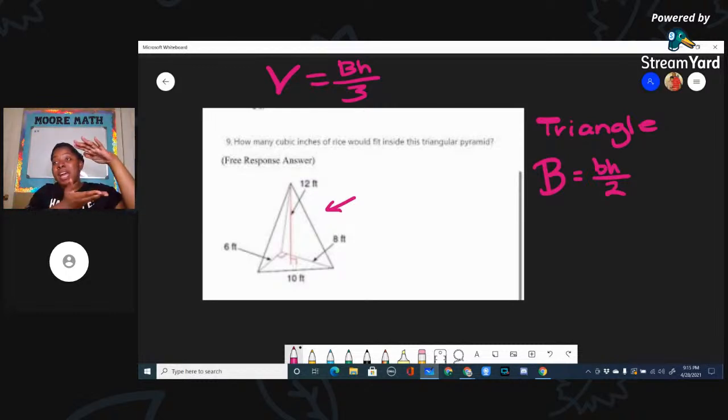The only difference is the bottom. The bottom could be a rectangle, it could be a square, it could be a triangle, right? But all of the sides are a triangle. Now for a prism, if pyramids, all the sides are a triangle, what about a prism? All of the sides around a prism, so here's a prism, all of the sides are what shape?